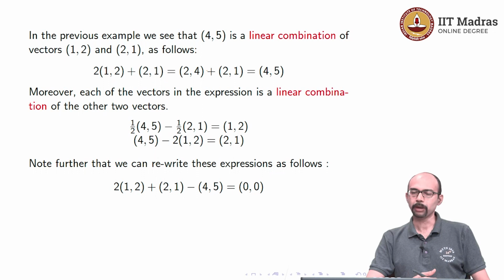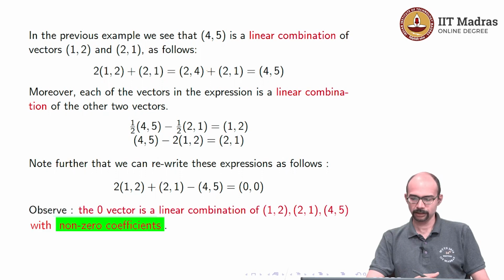minus (4, 5) is (0, 0). So we have taken that first expression on the top and moved (4, 5) to the left by subtracting it out. And so what we get on the right hand side is the vector 0. So we have a linear combination of these three vectors by some scalars, and these are non-zero scalars.